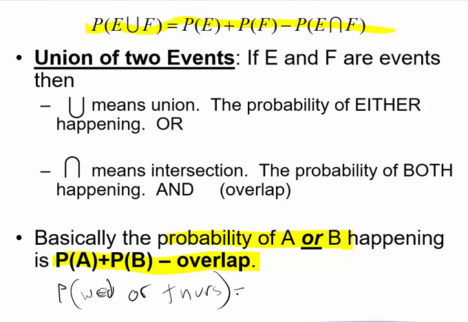To find that, I would find the probability it rains Wednesday, which maybe I could find in my weather app, plus the probability it rains Thursday, minus the overlap. And in this case, we'll talk about how to find this later. The overlap would be the probability it rains on both Wednesday and Thursday. And that's something we could calculate with something I'll show you in the second half of the lesson. So anyway, let's try out a few examples here and it'll start to make more sense.